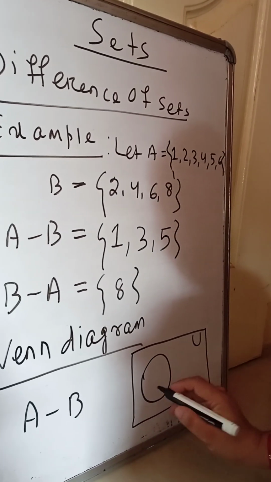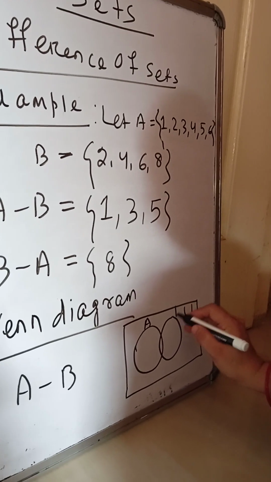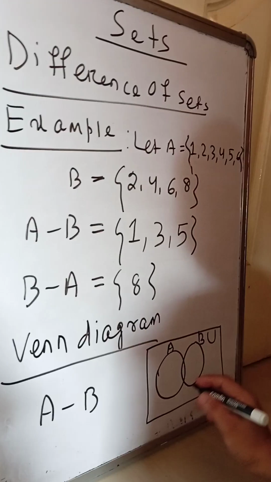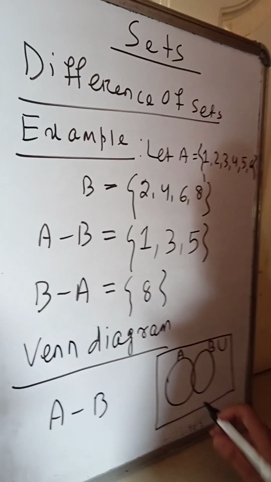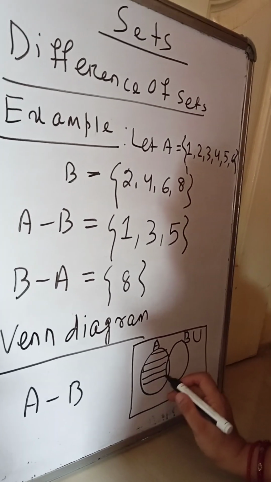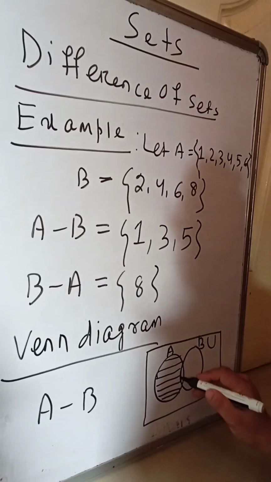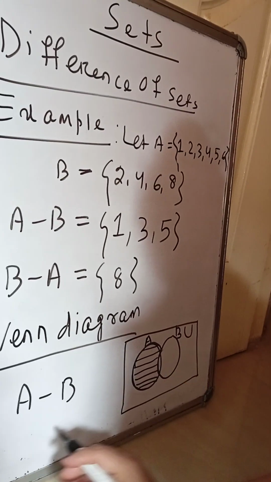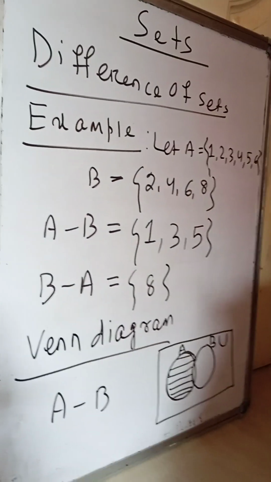This is our set A, which is a subset of U, and another set B, which is also a subset of U. So we will find A minus B. Here we will consider only the elements of A, not the elements of B. This shaded portion is the elements of A but not in B. So our shaded portion is the set A minus B.